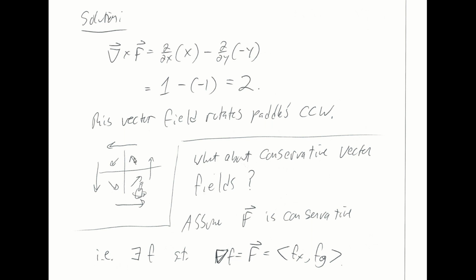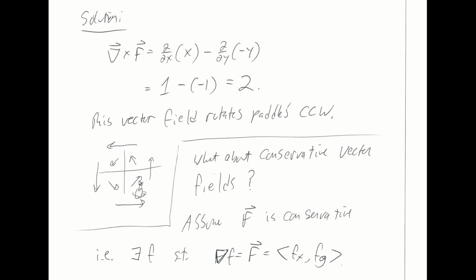and this vector field tends to rotate the paddle in a counterclockwise way. That's most evident at the origin, if you drop your paddle in at the origin, but even if I drop my paddle in over here at this point in the fourth quadrant, which I've indicated, I have these vectors on the outer edge of this paddle that are tending to push it in a counterclockwise way, whereas vectors closer to the origin might be tending to push it in a clockwise way, actually.